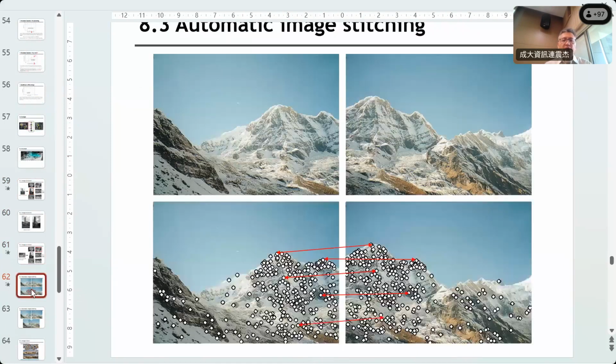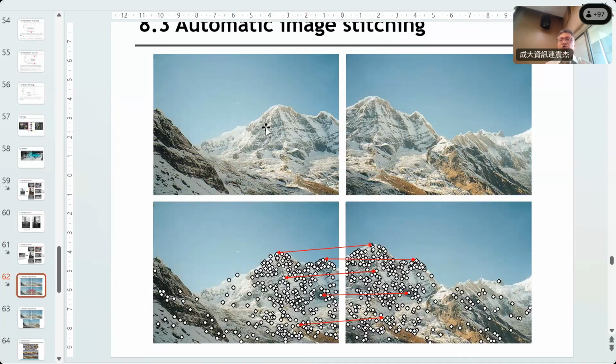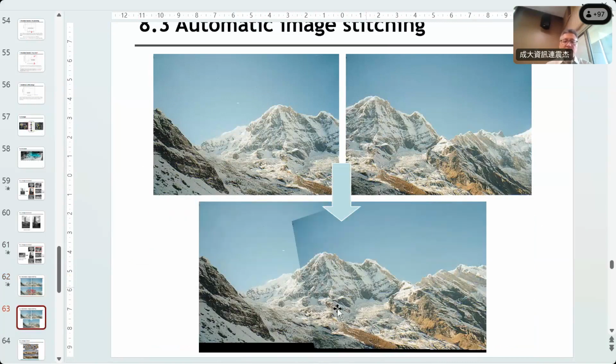Okay, and the other application is stitching. So how can we stitch together? 我们怎么做拼图？So we find a corresponding point, corresponding point, corresponding point. And based on the corresponding points, we do the rotation, we do the scaling, and we merge together to become a stitch.